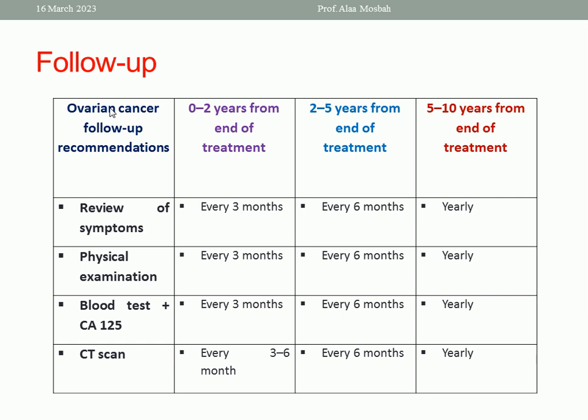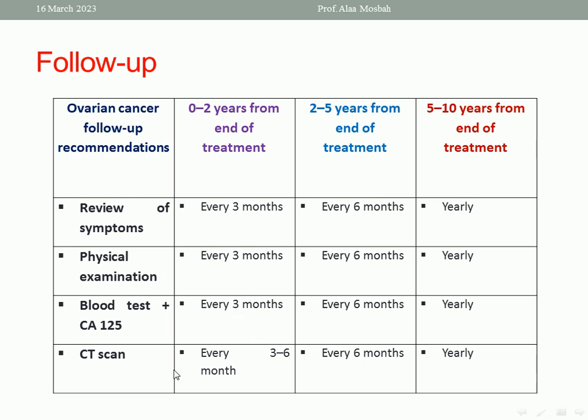So you should do physical examination, take history from the patient and know any abnormal symptoms. Then ask for lab for tumor marker CA125 and the blood test. Then do CT scan every 3 to 6 months. So in the first group, in the first 2 years after end of treatment, you should see the patient every 3 months and evaluate the patient with regards to symptoms, physical examination, and do CA125 every 3 months.